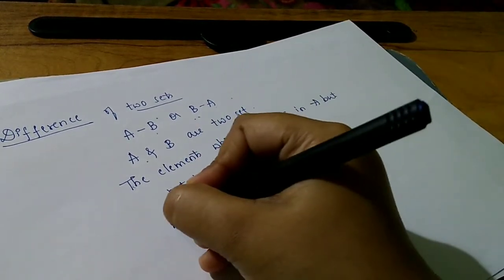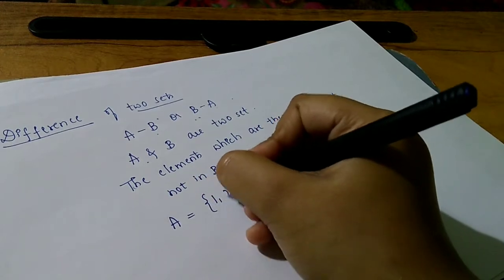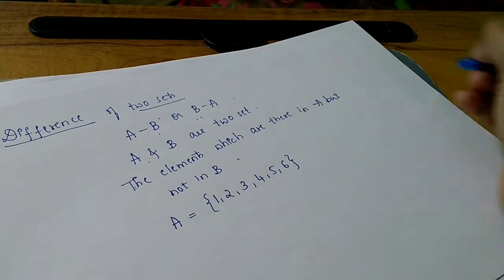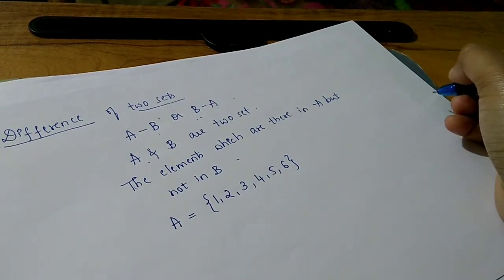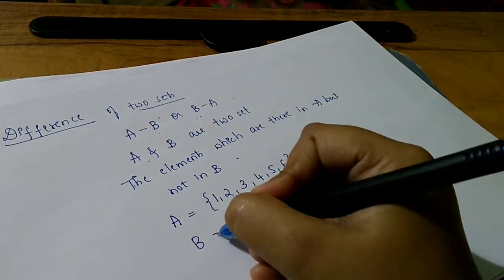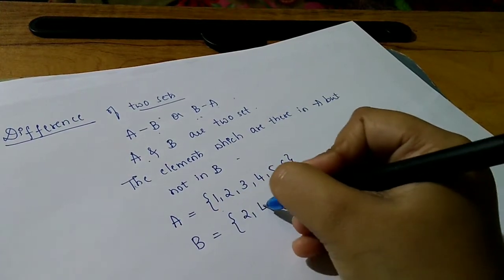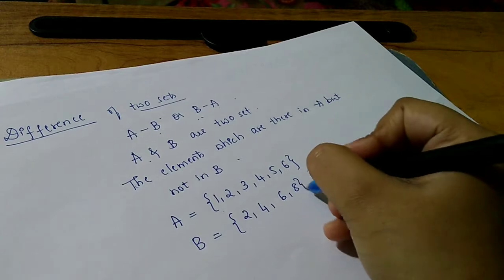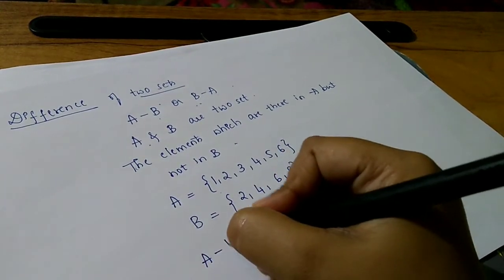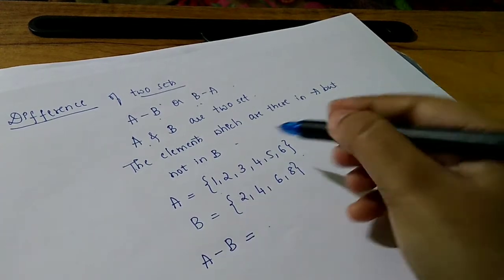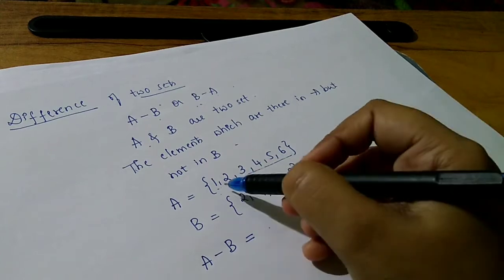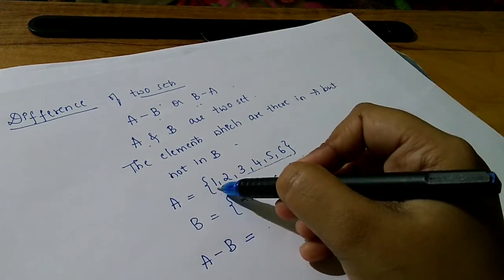Okay, I will take one example here. A has the elements 1, 2, 3, 4, 5, 6. Six elements are there. B is one more set with the elements 2, 4, 6, 8. First I will do A minus B, the elements which are there in A but not in B. See 1, whether 1 is present in B?